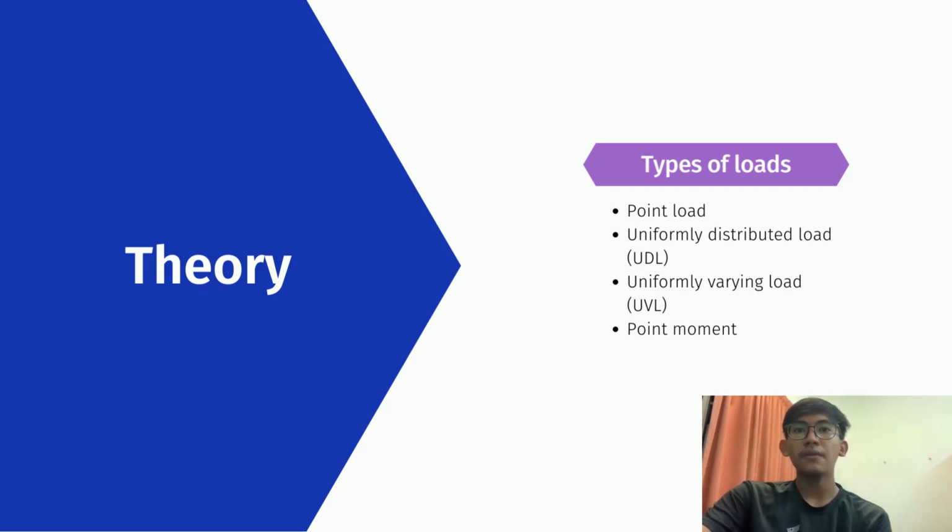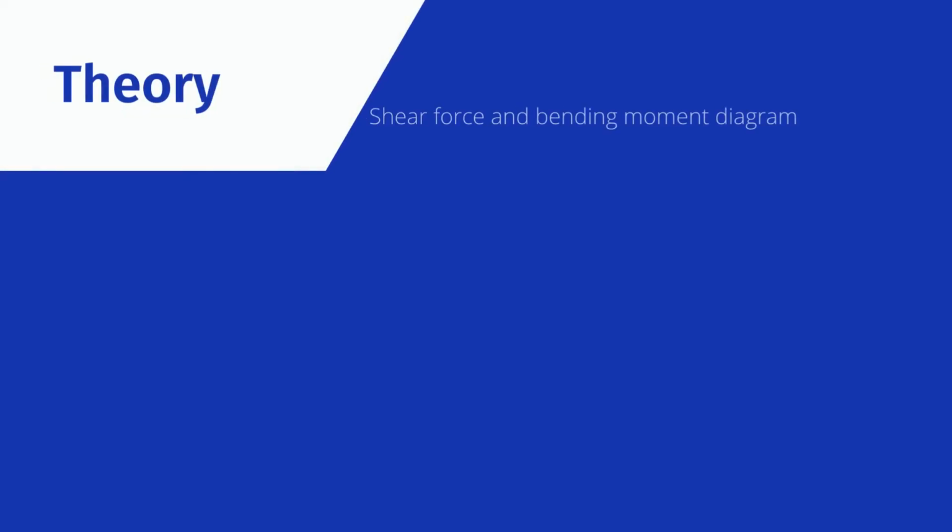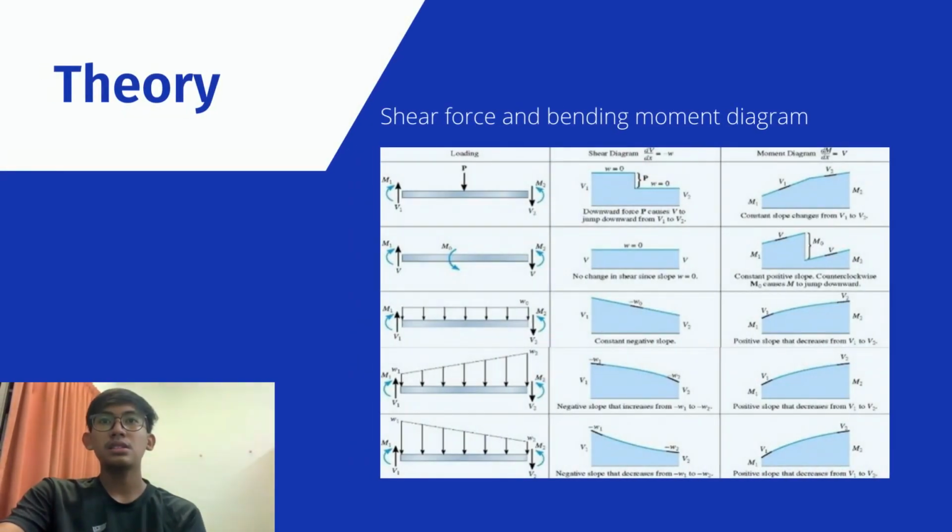The magnitude of this load will vary along the distance of support at a constant rate. And the last is point moment. Point moment is a resulting load made by a pair of forces. This force will create a moment at the point of loading. As you can see, this is the diagram for shear force and bending moment.